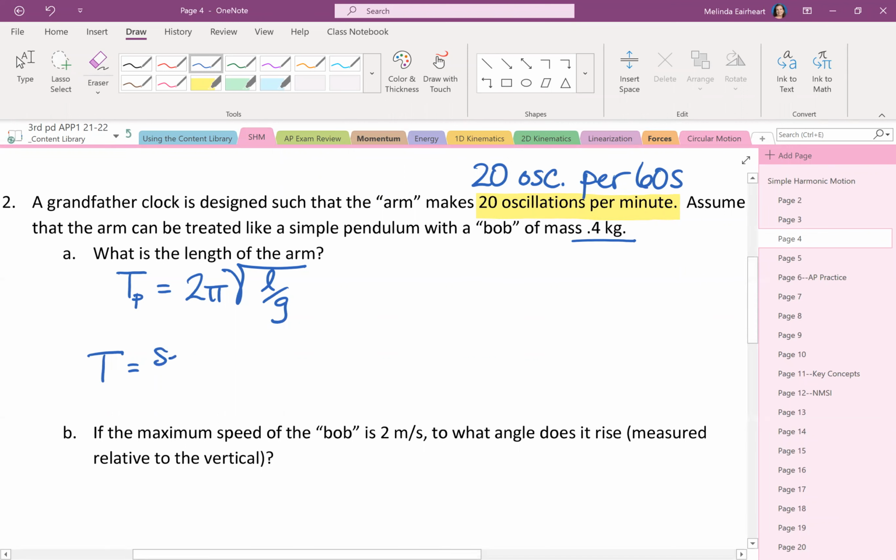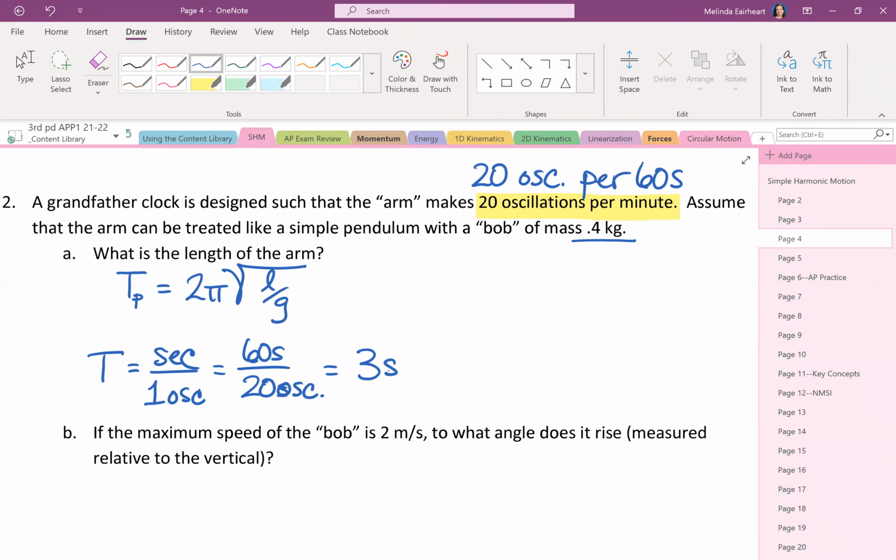One. So it's how many seconds for one oscillation. They told us 60 seconds for 20 oscillations. And so we just have to reduce it, right? And so maybe it happens too quickly to get the time of one, but doing the proportion, we know the period is 3 seconds. So it's just a different way of giving it to us.